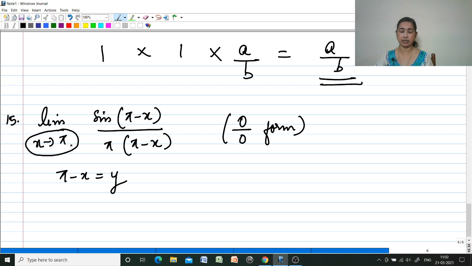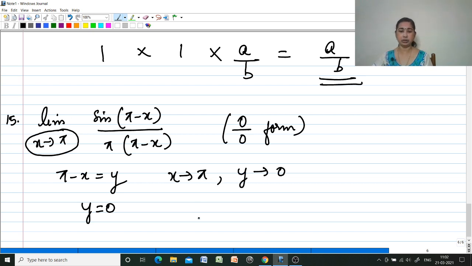So how can we change it? We can give the value of x as pi in this result. So pi minus pi is 0, so y equals 0. So the limit we can change as, if x tends to pi, then y tends to 0.